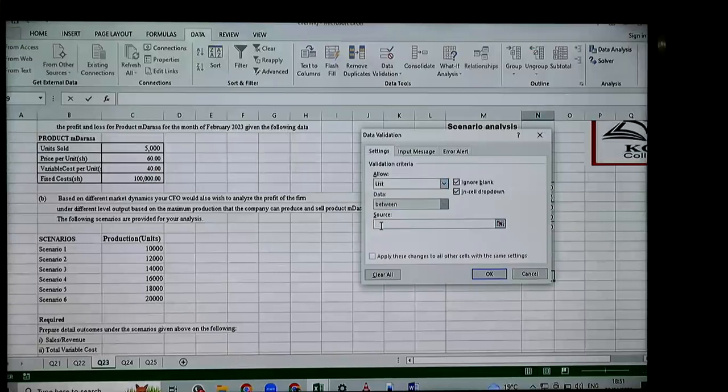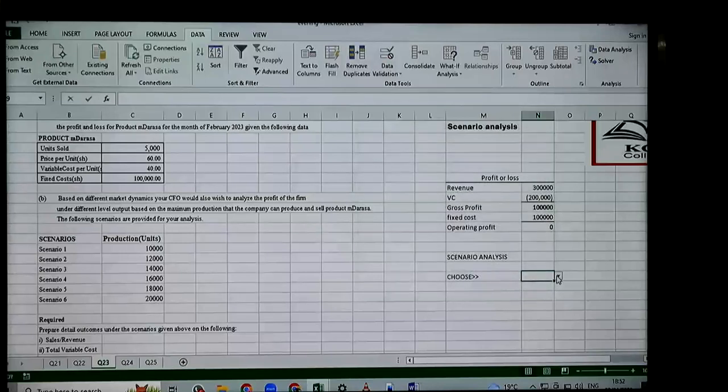Then I'll have 1 for scenario 1, press comma. 2 for scenario 2, comma. 3 for scenario 3, comma. 4 for scenario 4, comma. 5 for scenario 5, comma, and then 6, because the scenarios will be 6. Then I press OK. So you can see here it's dynamic.